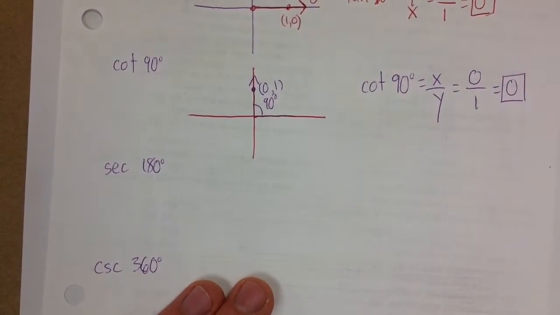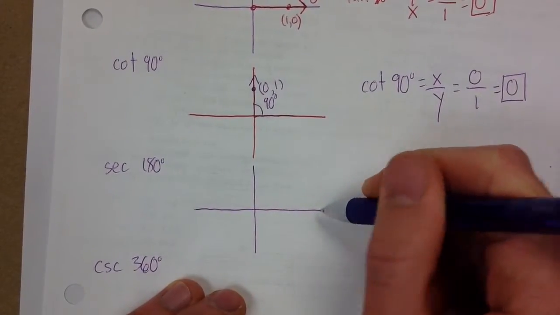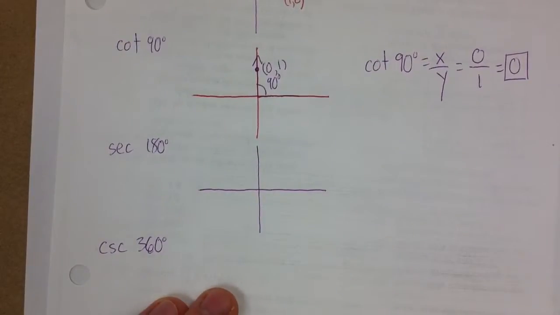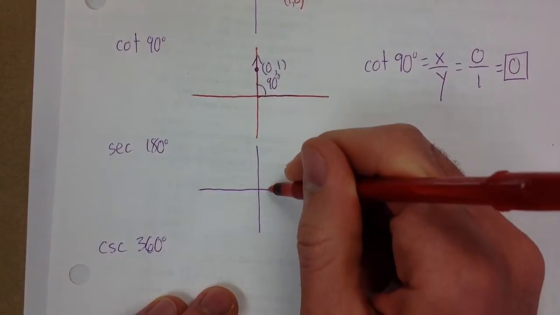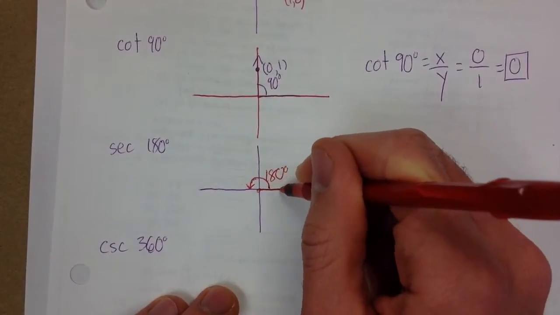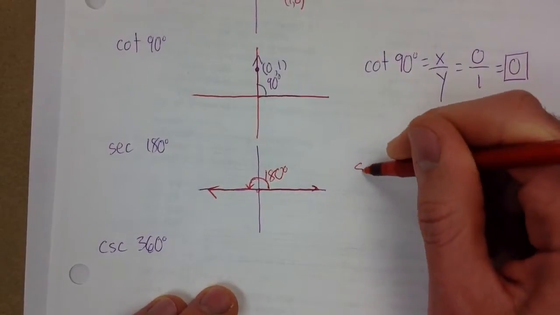Nice. Alexandra, guide me through finding secant of 180 degrees, please. Yep, it's a straight angle. Secant is r over x, very good.